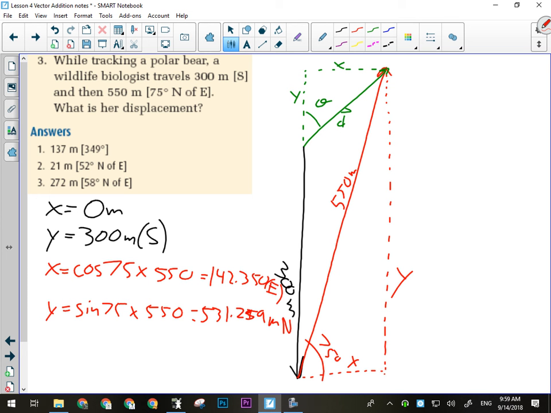Okay, all right, so because we have this kind of simpler one here at the beginning, calculating our resultants x and y is also a bit easier. Our resultant x, or green x, has to be equal to red x, because it's the only time the object went east or west. So that'll be 142.350.